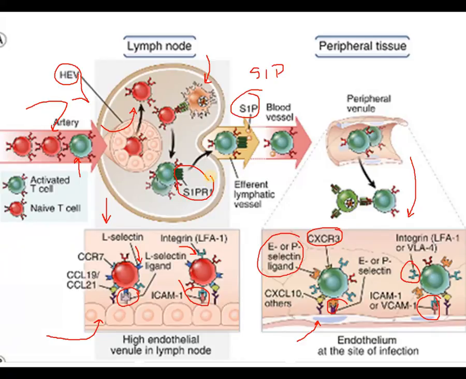So what happens here? It turns out that levels of sphingosine 1-phosphate are actually higher in the blood and lymph, so in circulation, and bind many of the sphingosine 1-phosphate receptors on the circulating T cells. And that actually keeps the expression of the receptors on the T cells low.